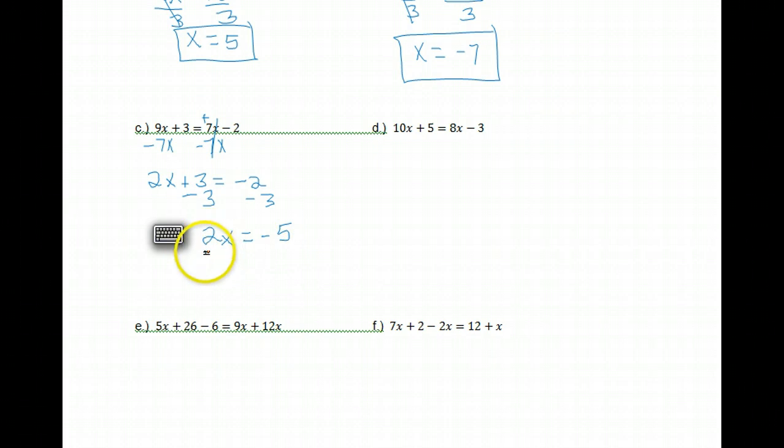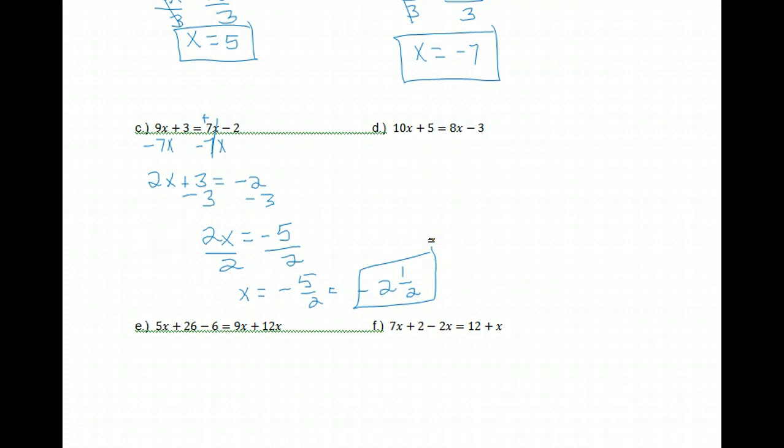Then to undo multiplication, we're going to divide both sides by 2, and x is going to equal negative 5 halves, which we would turn into a mixed number, so it is negative 2 and a half. And there's your final answer there.